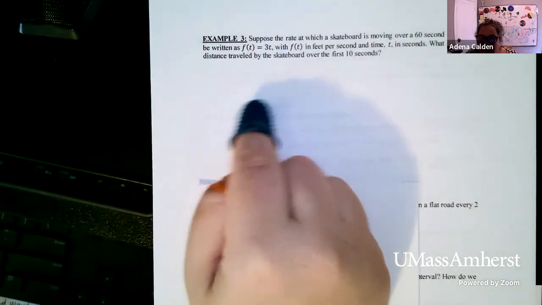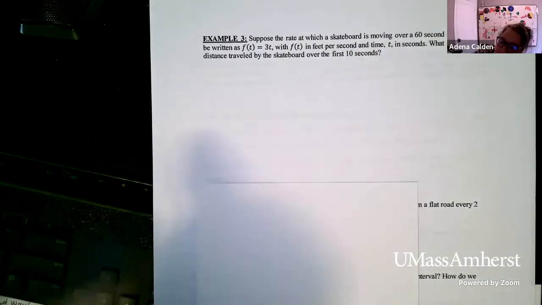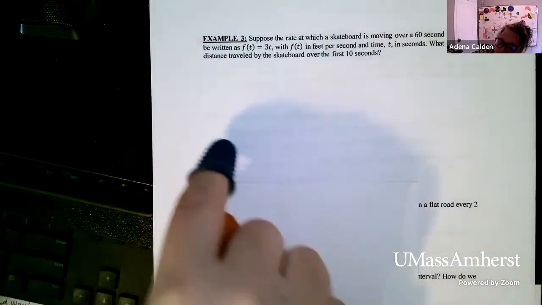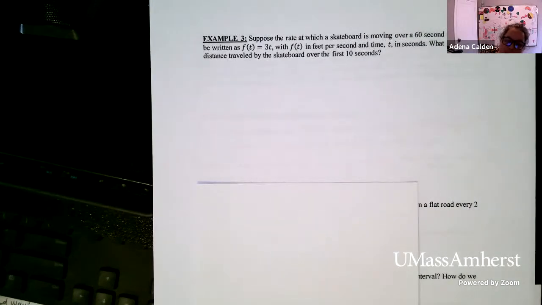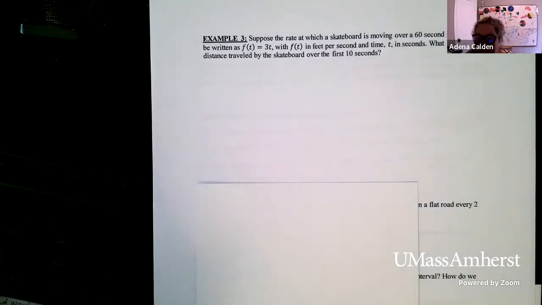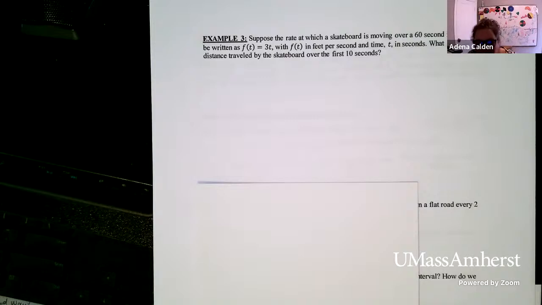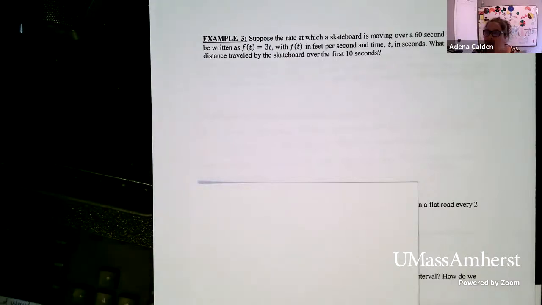So instead of a horizontal line, you're going to have an increasing line. And then you're going to have to label your axes, which will help. And we're trying to figure out what's happening over the first 10 seconds using area under the curve, even though it's not a curve, it's a line. Okay, so 2 minutes, try it out, see what you can figure out by applying what we've done before to this new type of problem, and then we'll go through it together.